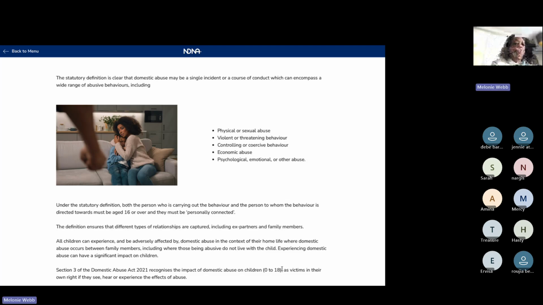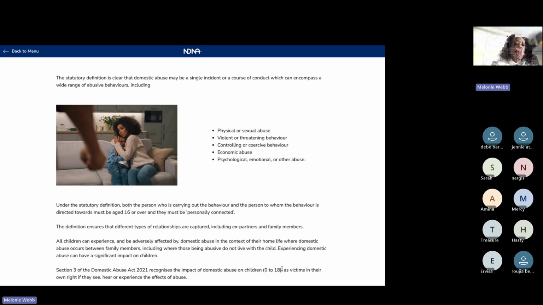So they're over 16. So they're considered not an adult, but over the age of 16. So they're technically not considered a child, and there needs to be a connection, whether that's a brother and sister, an aunt and uncle, or whether that's parents who are in a relationship. So the definition ensures that different types of relationships are captured, including ex-partners and family members.